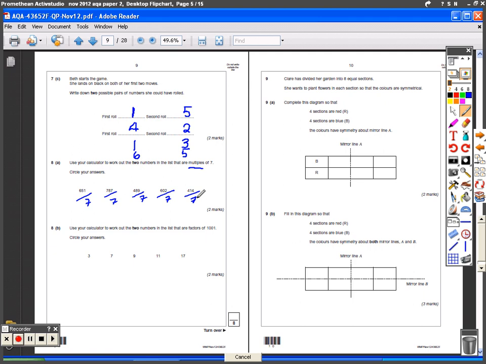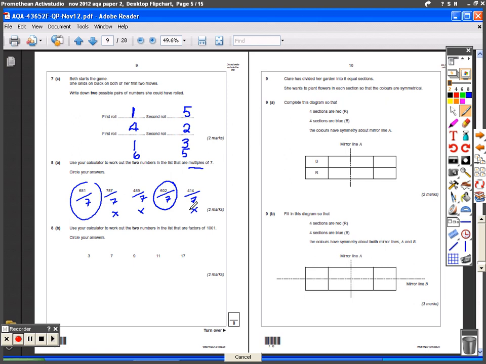The ones that show a whole number answer means that 7 must go into it exactly. So in your calculator, the answer ends up being that one. That comes out as a whole number. And this one. This one comes out as a whole number as well. These, of course, would be decimals, so therefore they're not in the 7 times table.